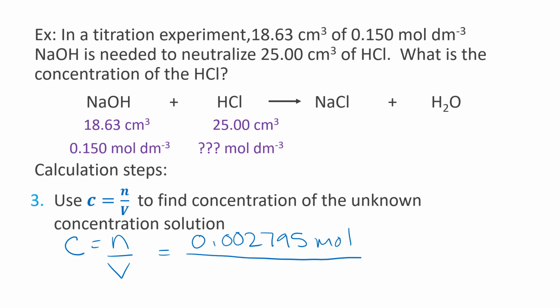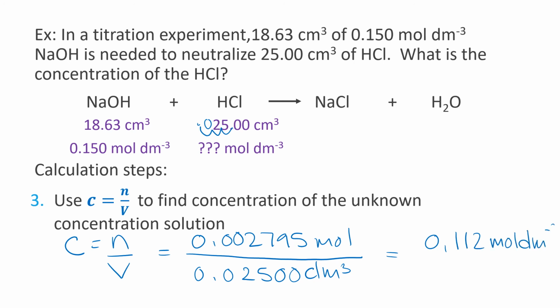And then our volume, 25 cubic centimeters, is, move the decimal 3 places, 0.02500 decimeters cubed. And the concentration of the solution, then rounded to 3 sig figs, is 0.112 molar. Ta-da! We just did a titration calculation.